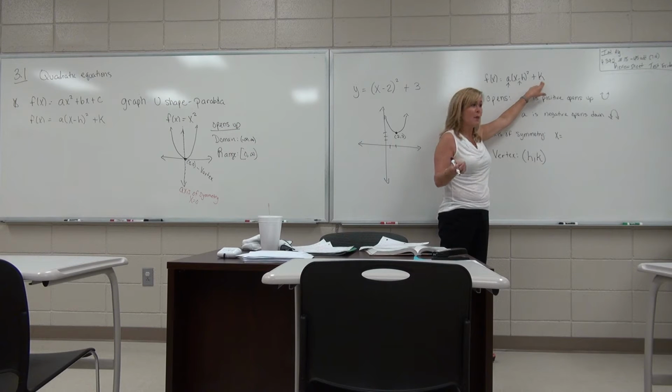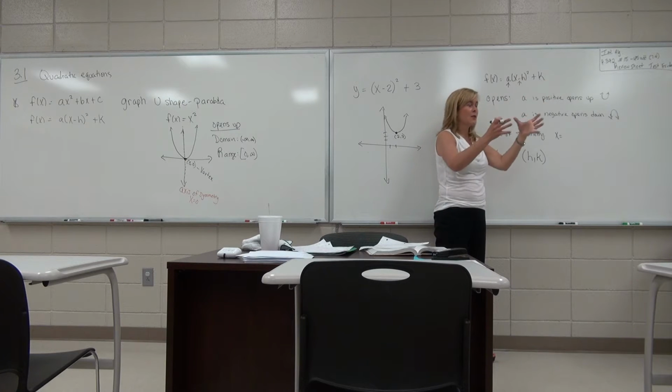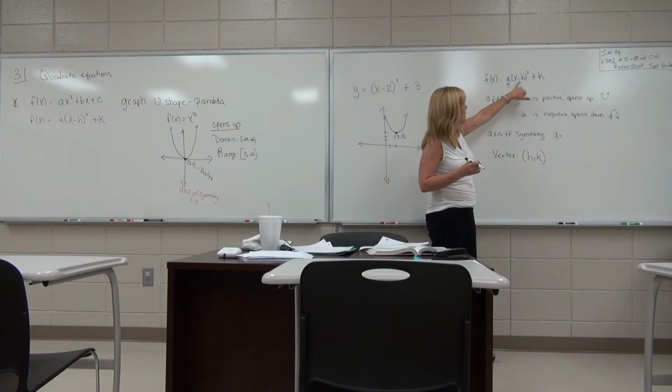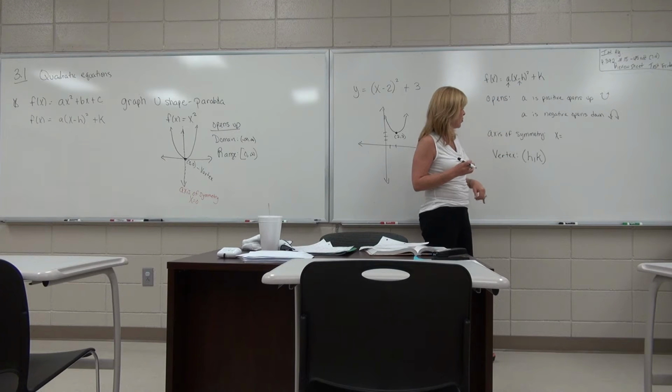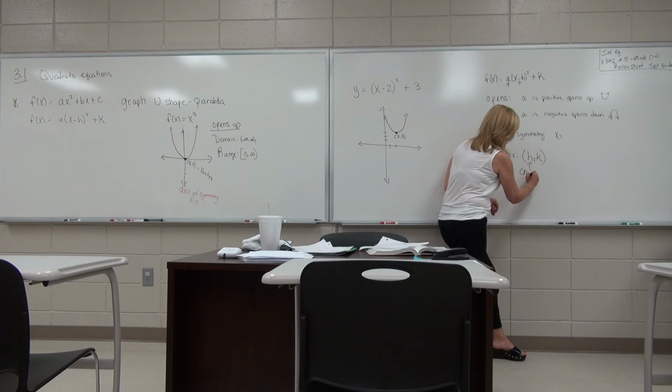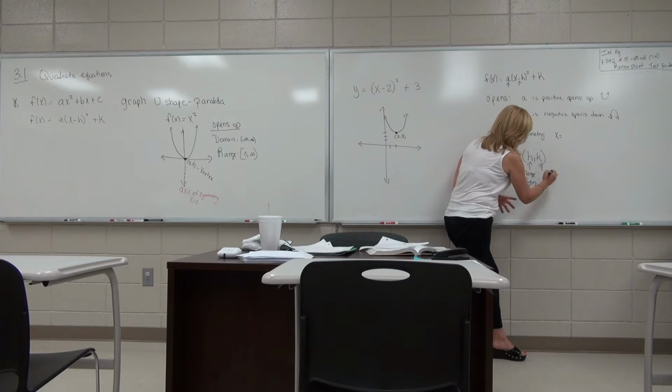And when you multiply something by a positive number, the sign stays the same, right? 2 times 5 is 10. 2 times negative 5 would be negative 10. It stays the same as when you graph. So when you do the vertex, on the H you're going to change the sign, but on the K, you don't change the sign.